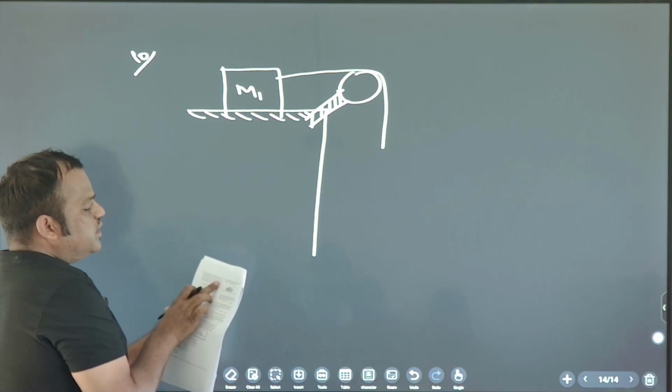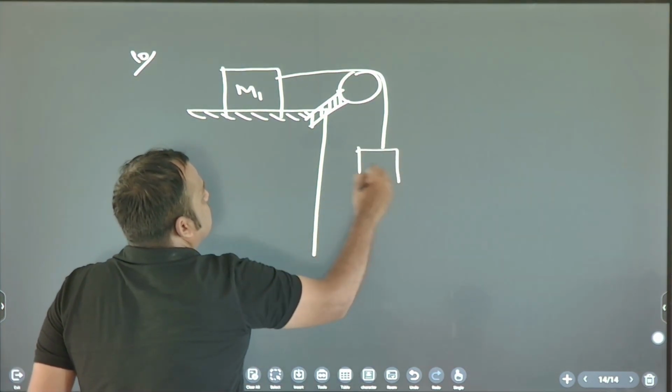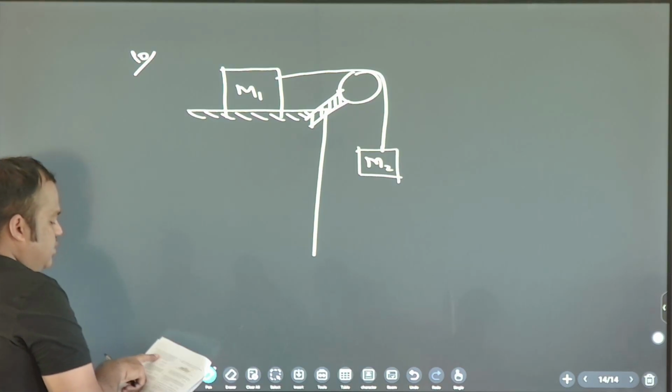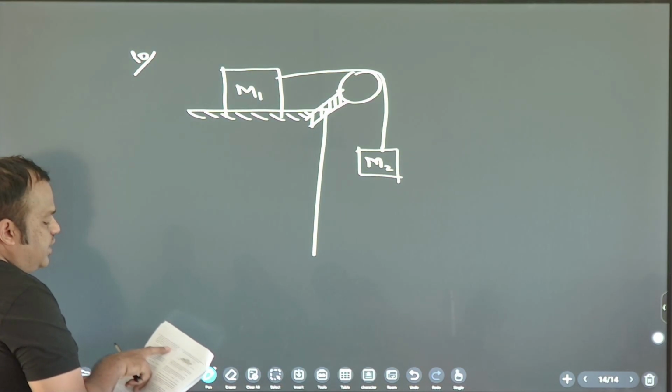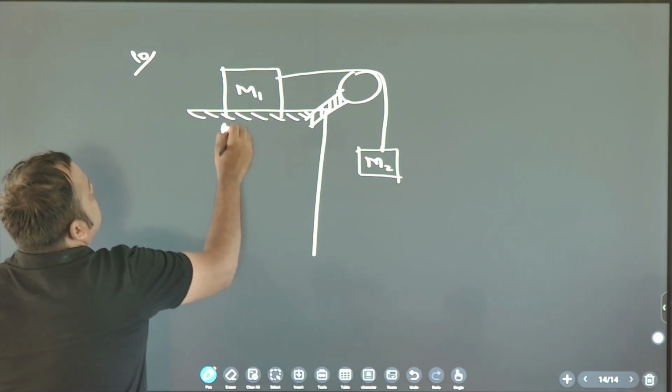From its other end, another block B whose mass M2 is suspended. Coefficient of kinetic friction between the block and the table is mu k.